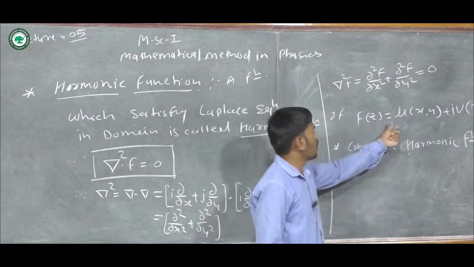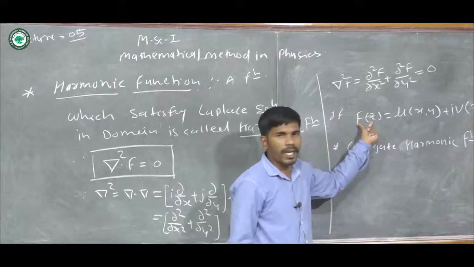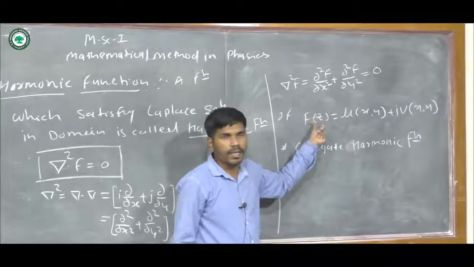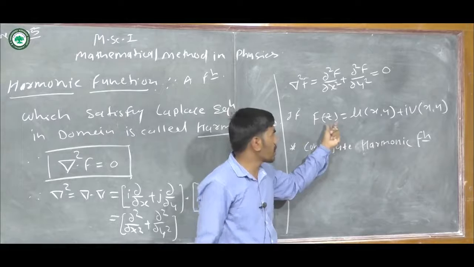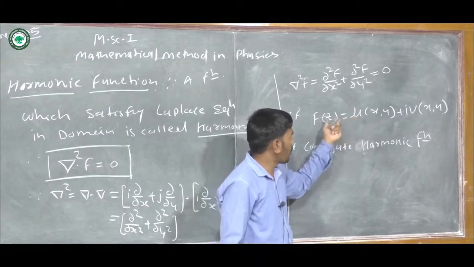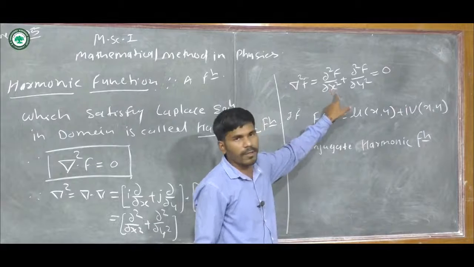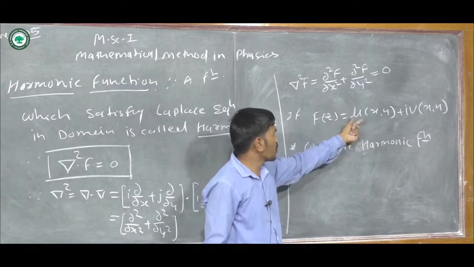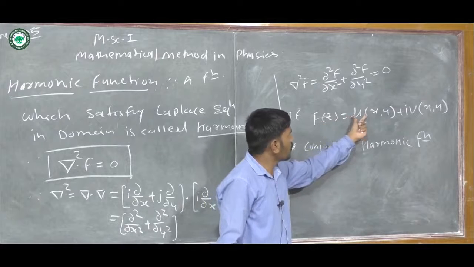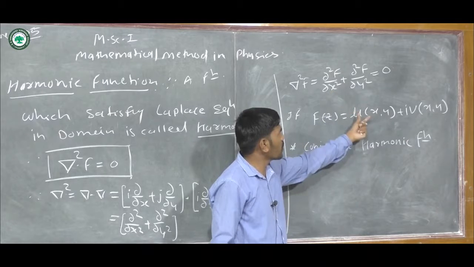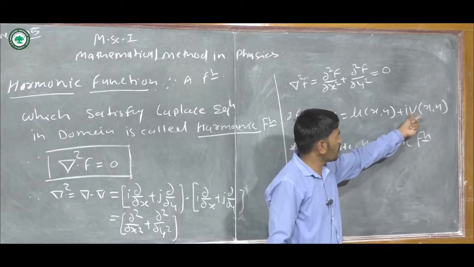This function f of z is analytic when it satisfies the CR equations. And a function is harmonic when it satisfies the Laplace equation. If this u satisfies the Laplace equation, then we call u a harmonic function, and the same for v also.